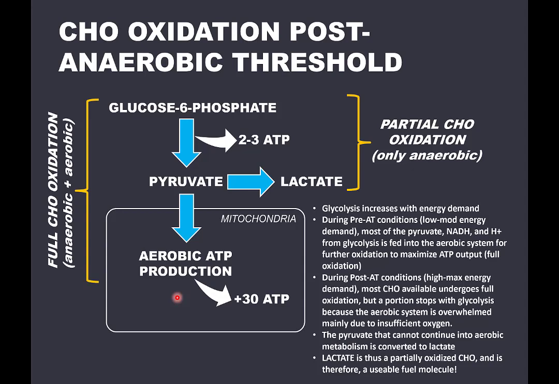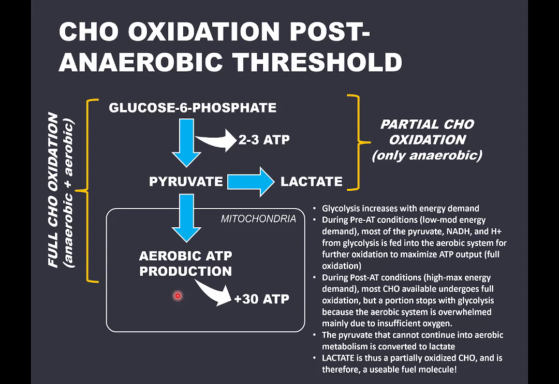Now, what about during post-anaerobic threshold exercise intensities? Since there is insufficient oxygen available to meet the rising oxygen demand, the muscle cell now relies on anaerobic systems to cover simply the ATP demand that the aerobic systems can fulfill.